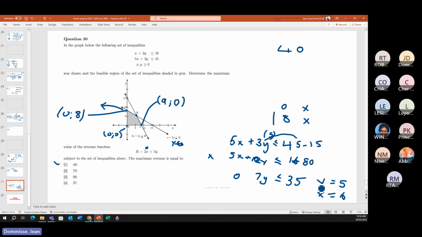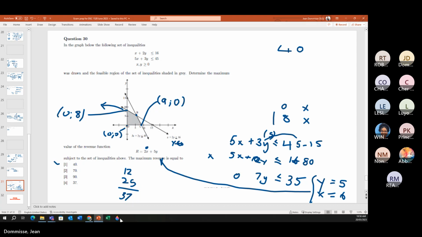If I then put that into that function, 2 times 6 is 12, 5 times 5 is 25, and I get 37. Which is also a point on the graph or one of the options.